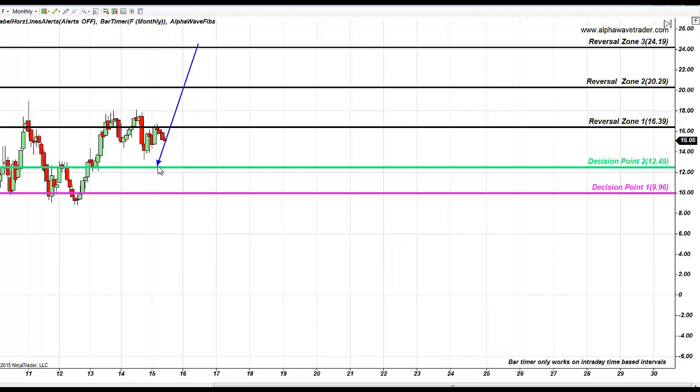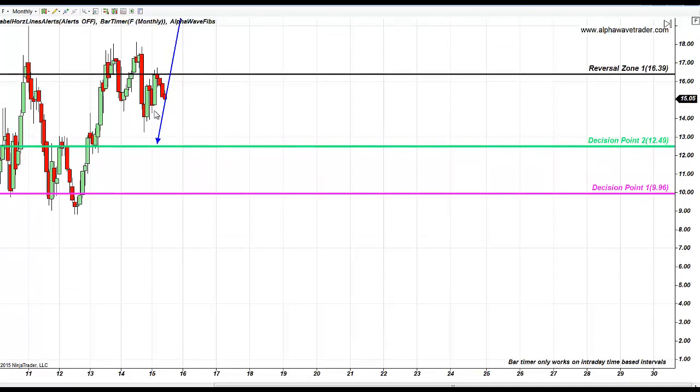This is the key level to the downside, and you're witnessing time and time again: never, ever acquire a position at reversal zone. Always and forever, by the time you come to reversal zone, you are in significant profit.